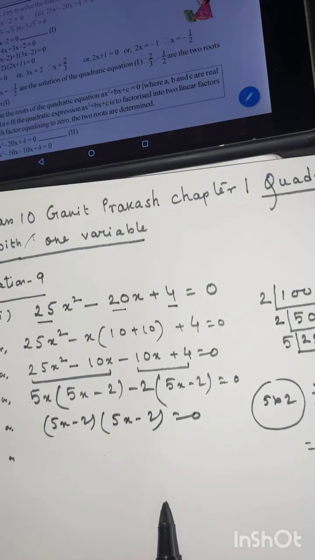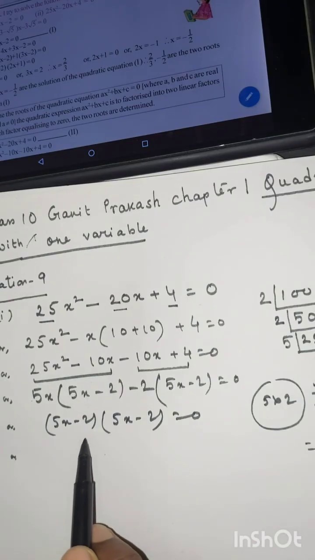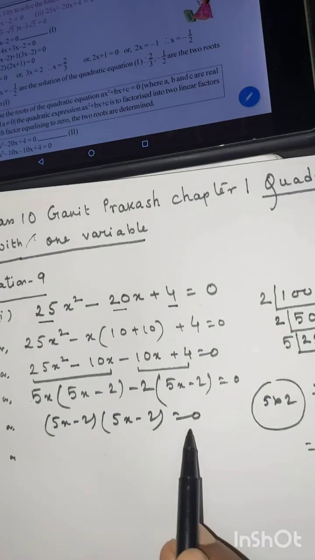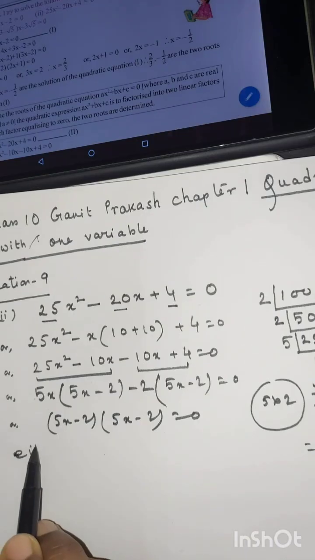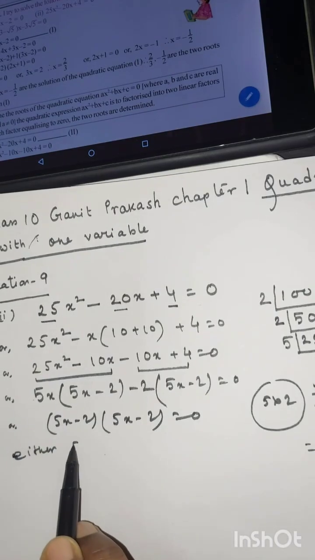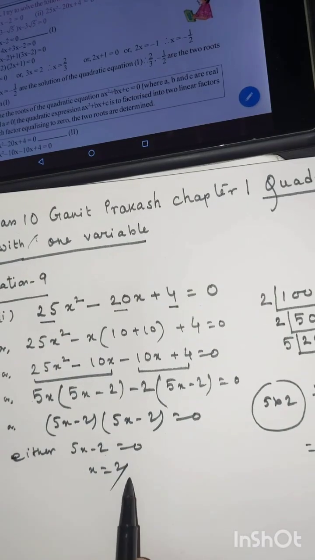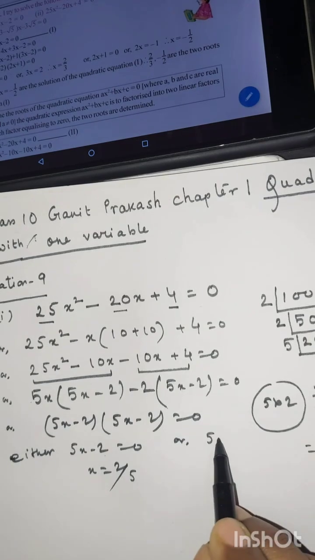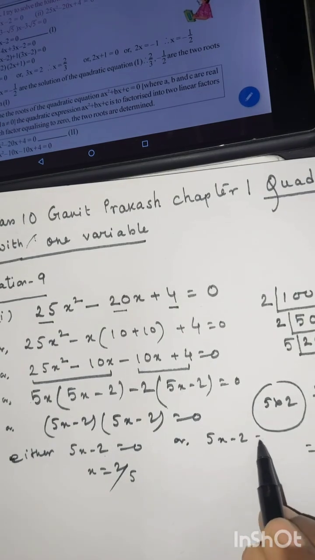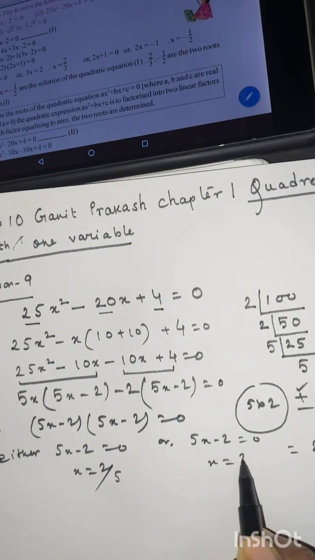So we can say either this part is equal to 0 or this part is equal to 0. So we can write 5x minus 2 equal to 0, that is x equal to 2 by 5.